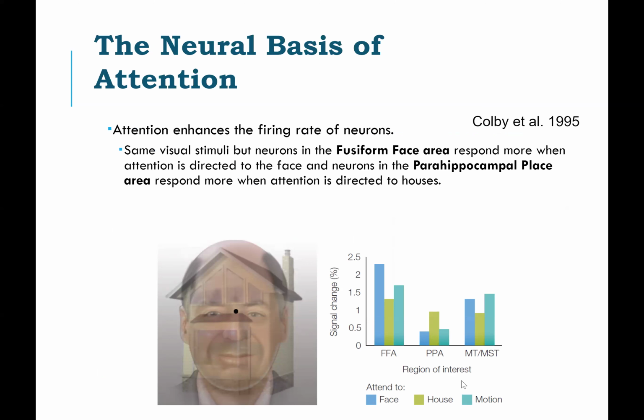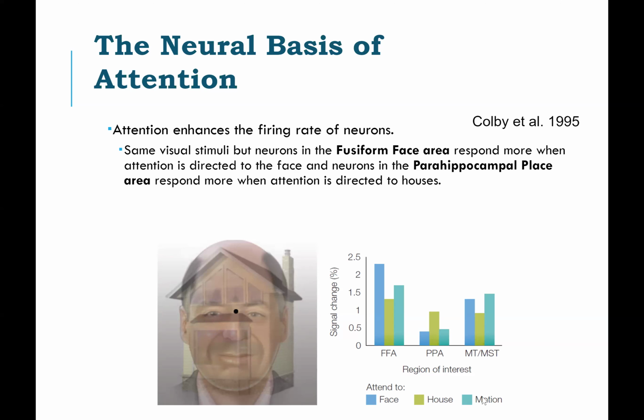Same here. So motion in this case was objects actually moving. And in a way, you're not attending to a face or the house, but you're attending to the movement, supposedly. And that would be somewhere in between. I don't know how reliable this is. This is supposed to be that control that you're asking for.